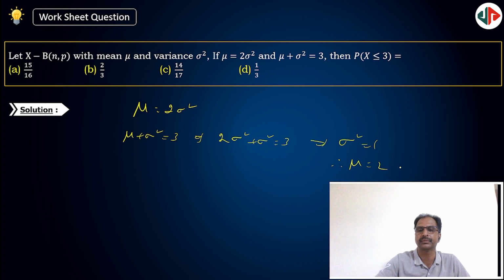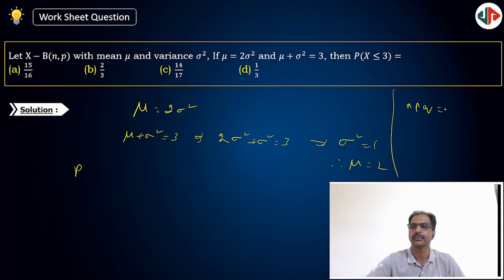Therefore mu is 2, which means mu is NP, variance is NPQ. NP is equal to 2, NPQ is equal to 1. From this, you will get q as 1 by 2, p as 1 by 2, n as 4.